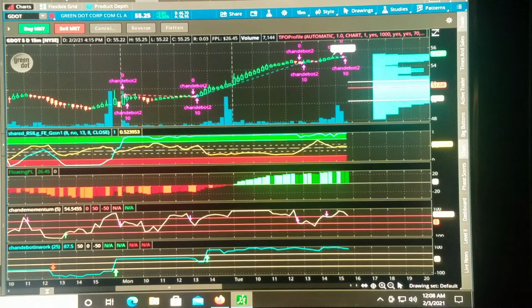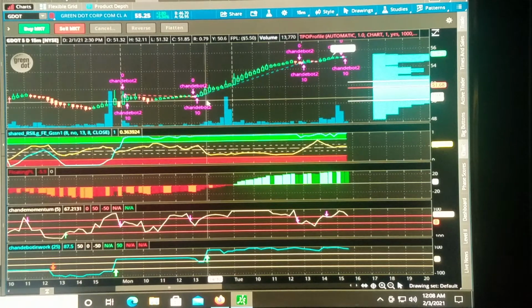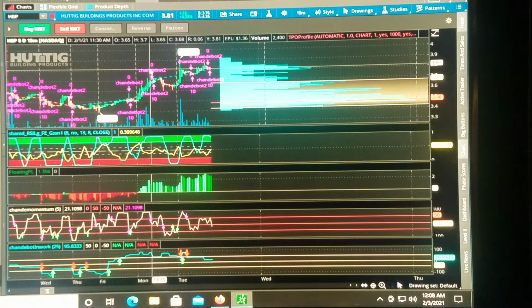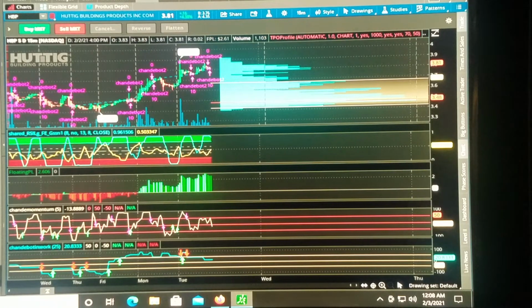Let's see, green dot. It wouldn't have done too bad on green dot either. That's kind of choppy.